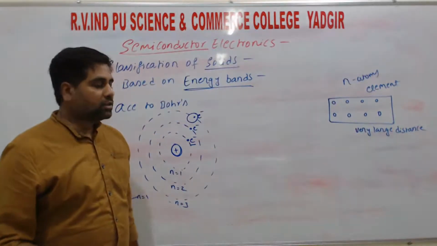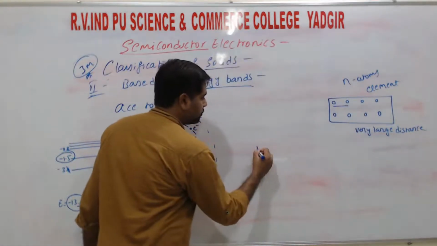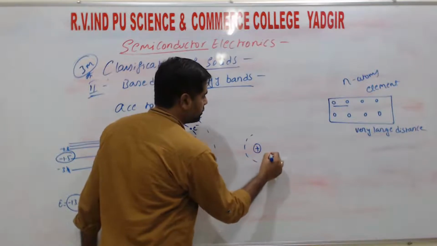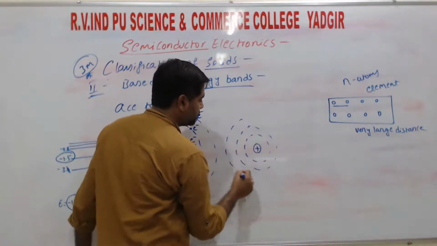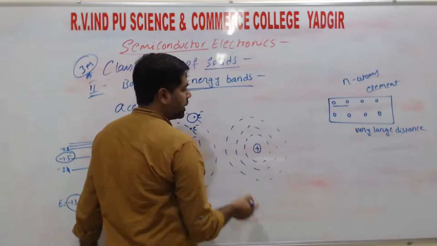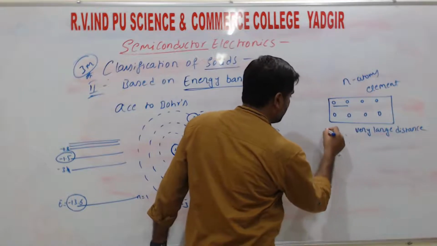Placing at a very large distance, right? So if you consider these two atoms, here is the nucleus and here are the electrons, in which the electron is revolving, right? So here is one atom.